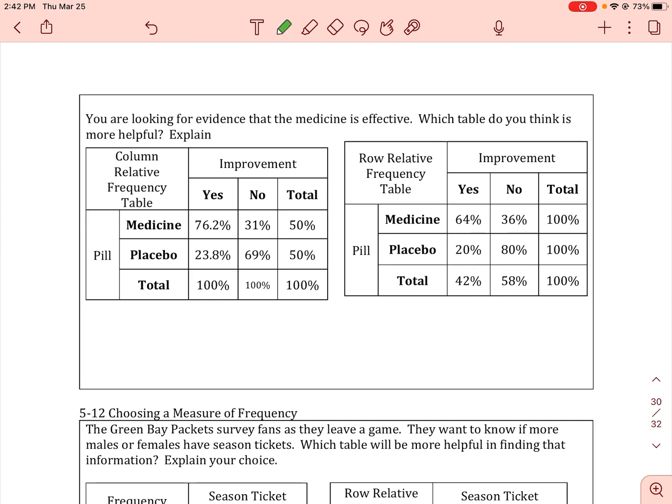So here, we want to find what gives us better evidence that the medicine is effective.